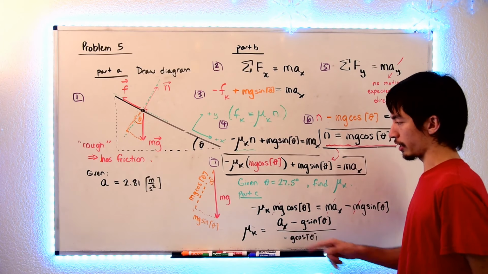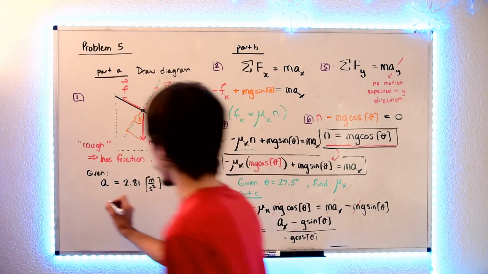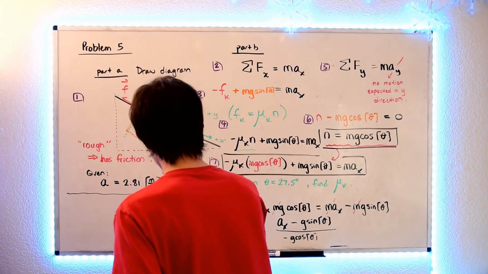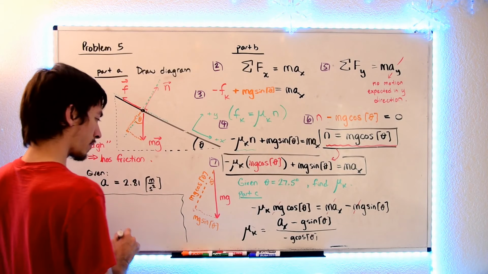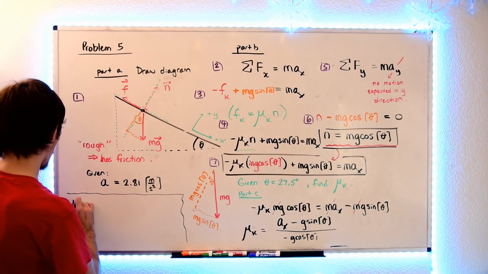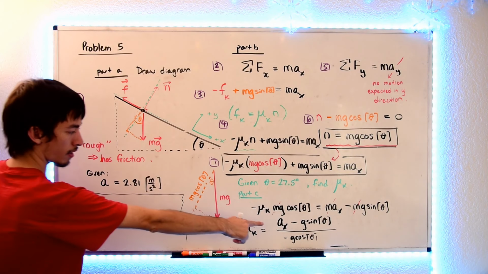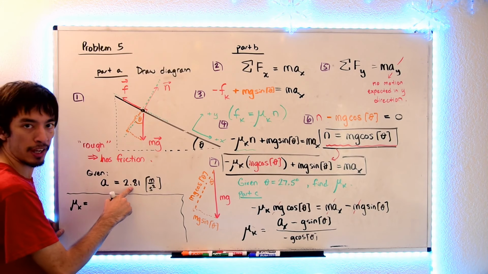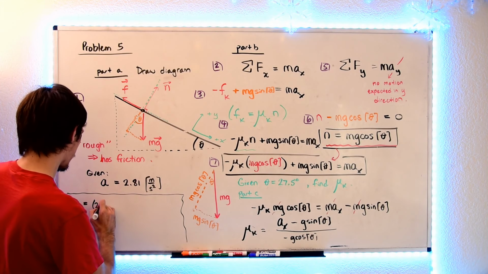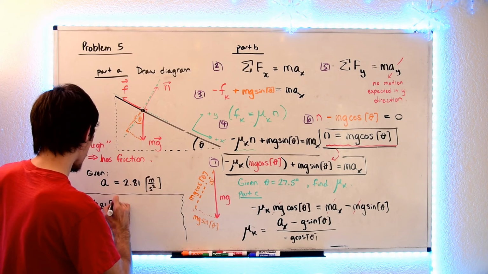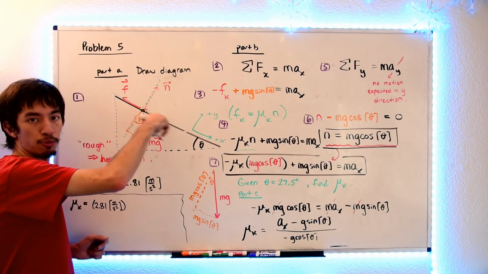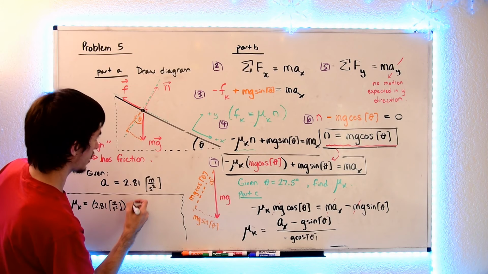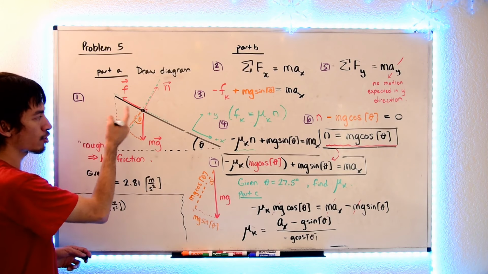So let's check two things. If we plug into here, I'll use this last bit of space in the left corner here to calculate. Let's plug in everything and let's check the units. So mu k equals, acceleration is 2.81 meters per second squared. That acceleration is down the slide, so it would be positive. If the acceleration was in the opposite direction, it would be negative.